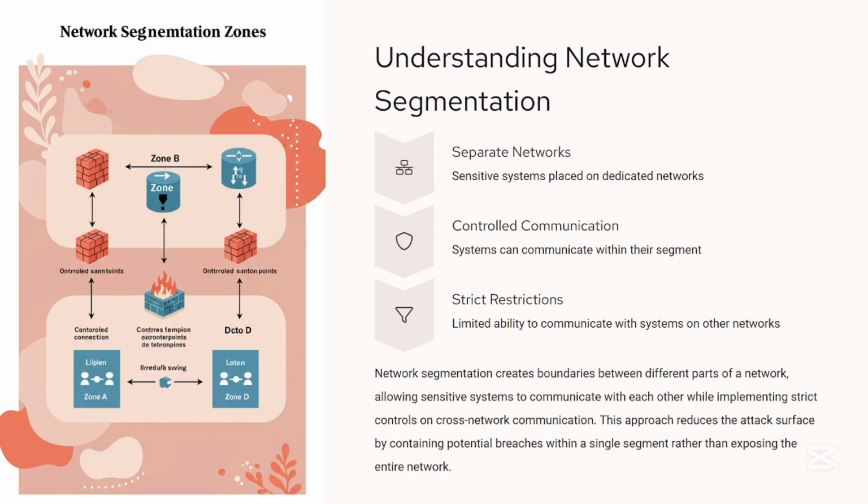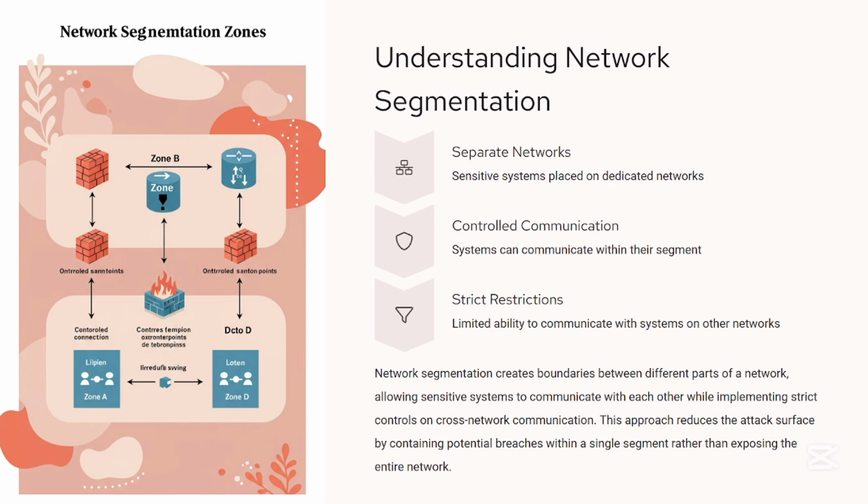So communication is controlled. Our systems communicate within the network segment they are in. Then there are strict restrictions, a limited ability to communicate with systems on the other network.